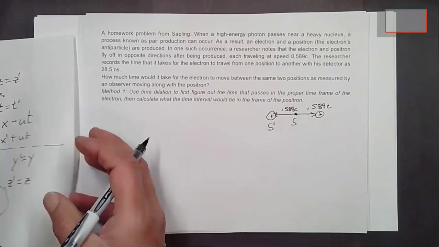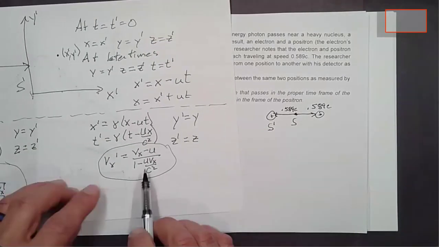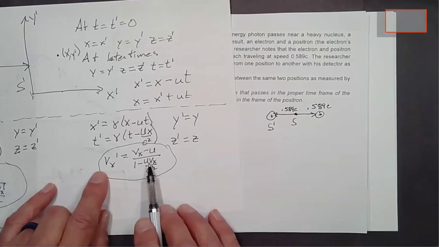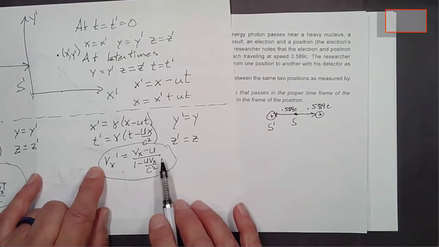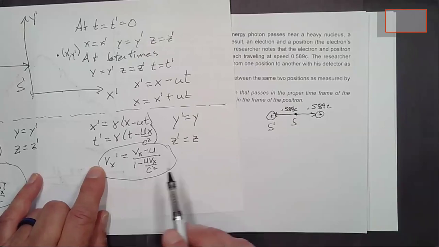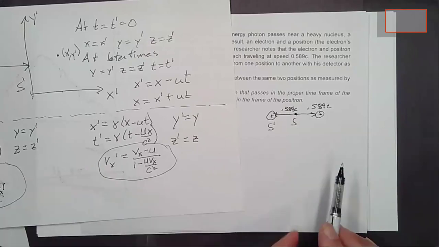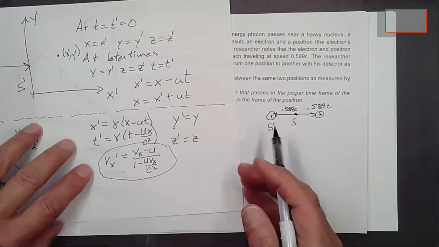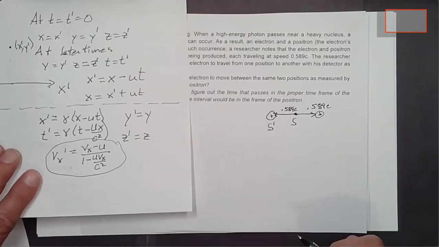Here's the expression for the relative velocities when U, the S prime system, is moving in the positive X direction. We've got it going in the negative X direction.